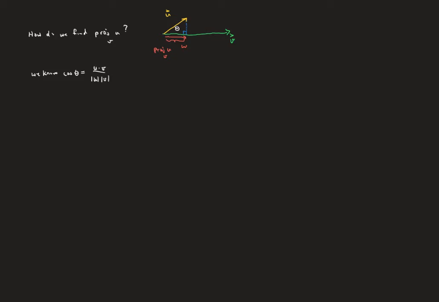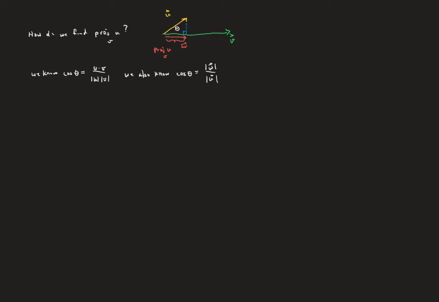Now we also know from our right triangle trig another way of getting at that cosine of theta. From SOHCAHTOA, it is the adjacent over the hypotenuse. And the adjacent is going to be the magnitude of W over the magnitude of U. I didn't label that very clearly. Let me think of that as being a vector.